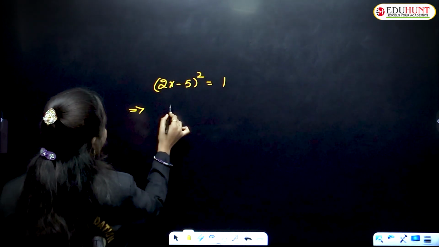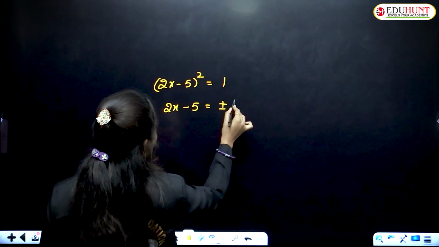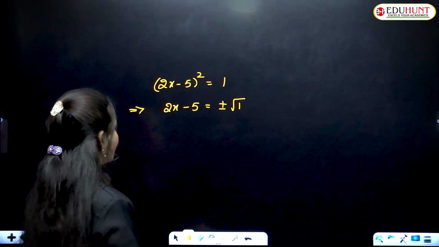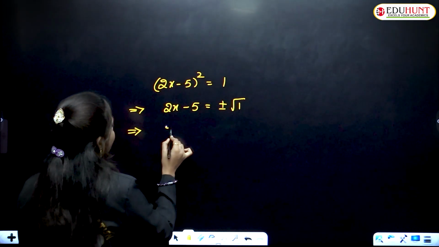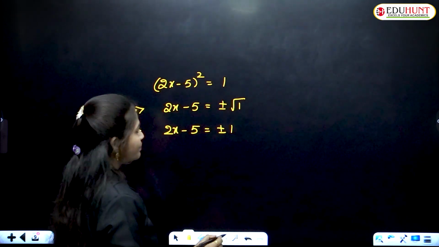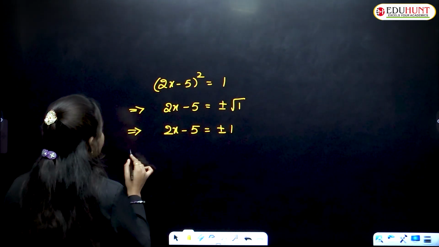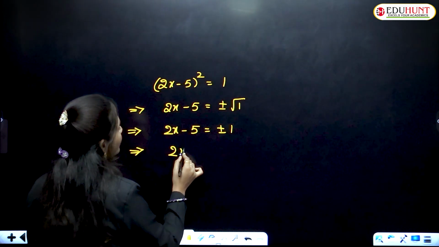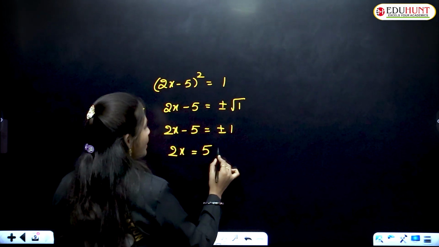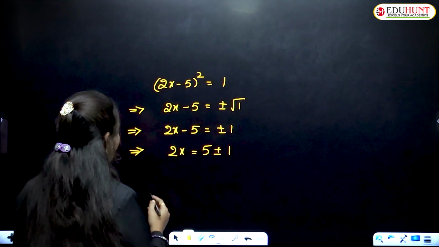So from this, 2x minus 5 is equal to plus or minus square root of 1, which is 2x minus 5 is equal to plus or minus 1. Why? Because the square root of 1 is 1 only. So 2x is equal to minus 5 becoming plus 5, plus 5 plus or minus 1.